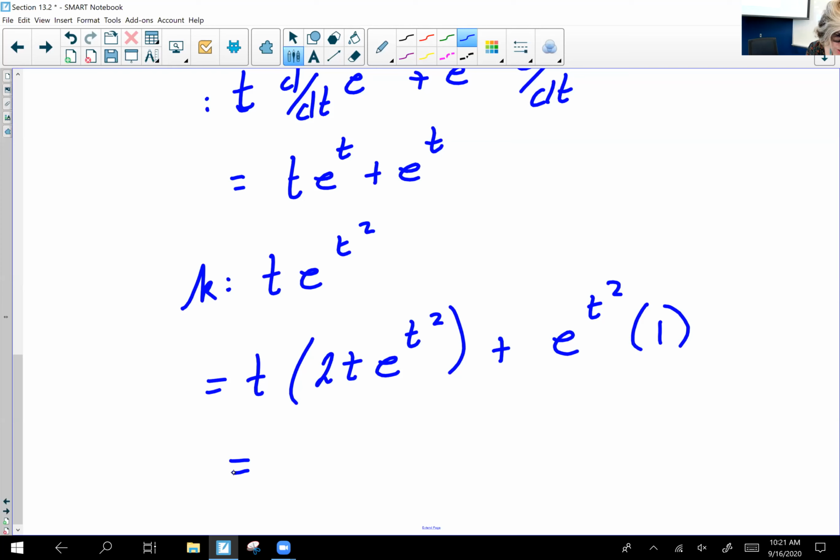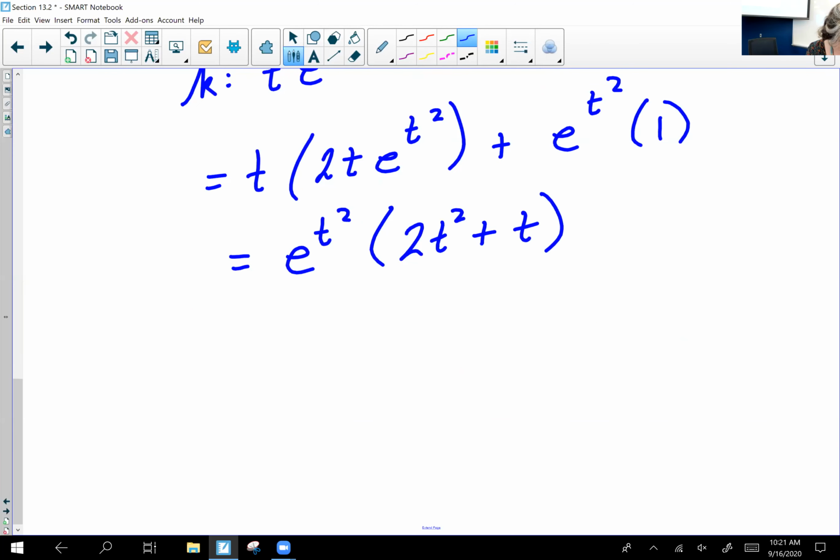Okay, so I'm going to rewrite this. I'm going to pull e to the t squared out, and then we're going to have 2t squared plus t. All right, so we have now found our r prime of t.